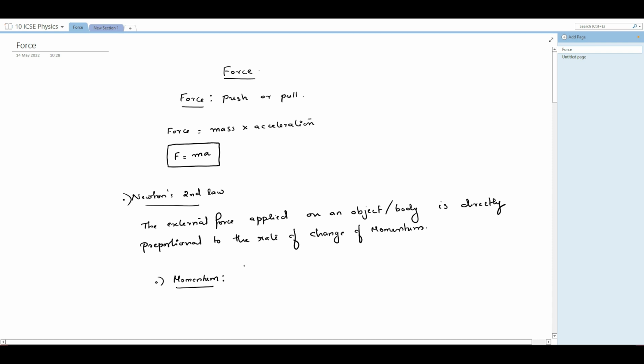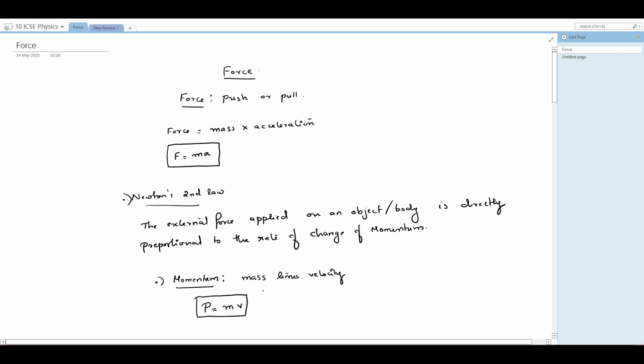Momentum is the product of mass and velocity. We can write momentum, represented by the letter P, as m times v.